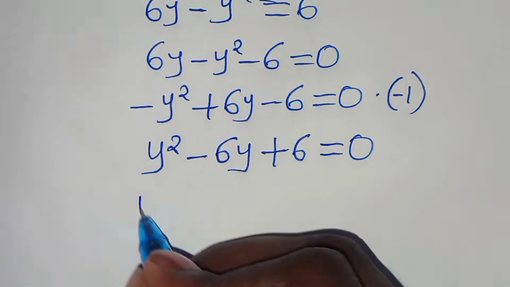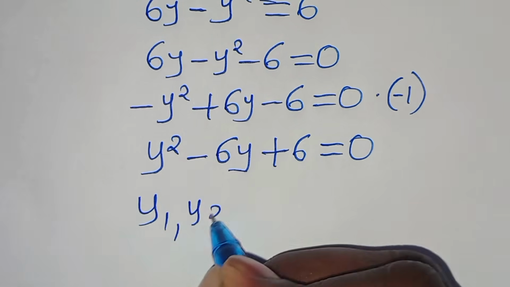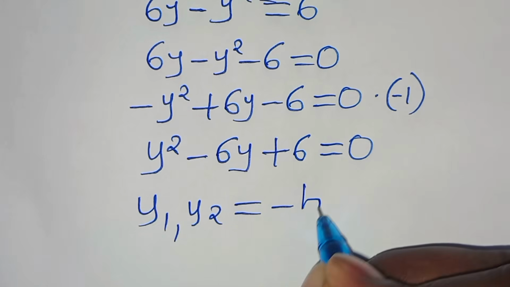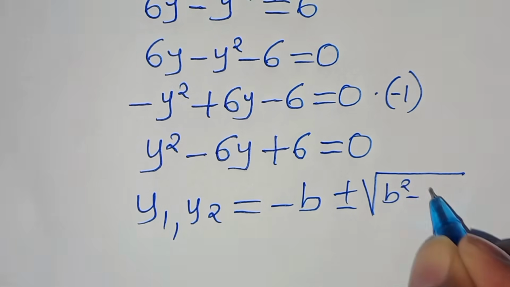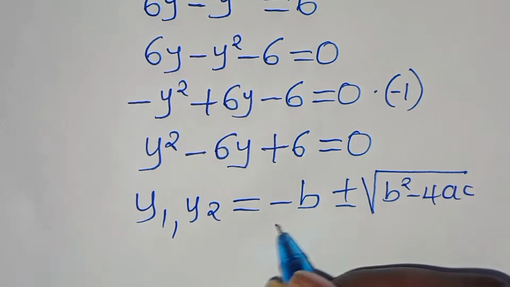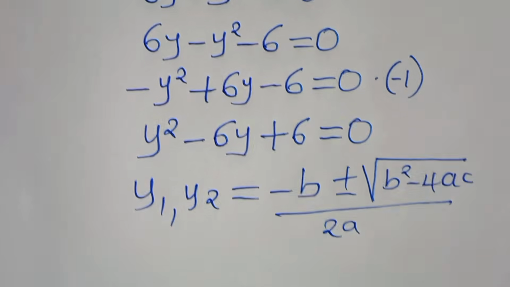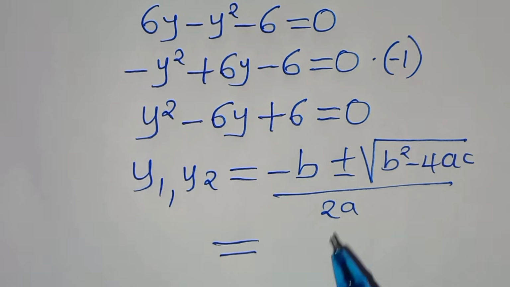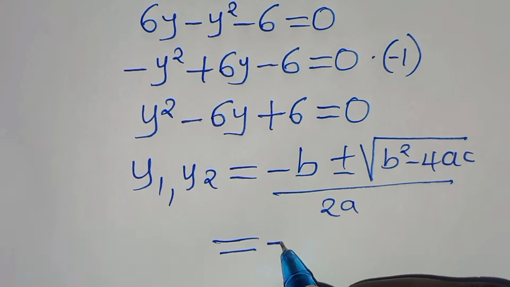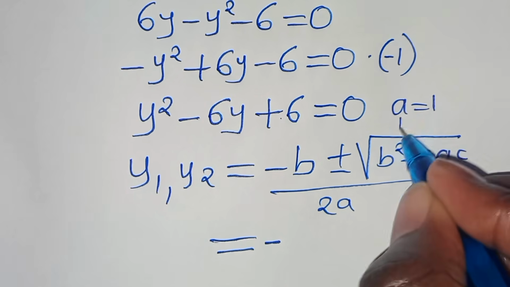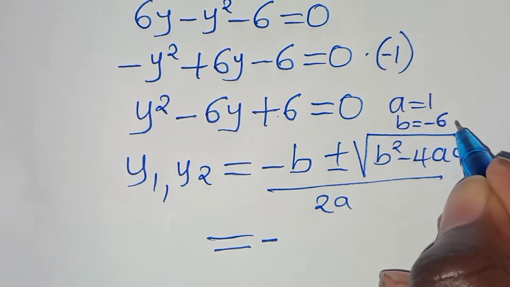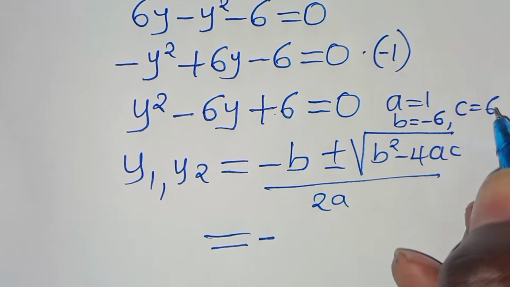Now to solve for y1 and y2, we introduce the quadratic formula, which is minus b plus or minus the square root of b squared minus 4ac, divided by 2 times a. So let's substitute the values of a, b, and c. Here a is 1, b is equal to negative 6, and c is equal to 6.